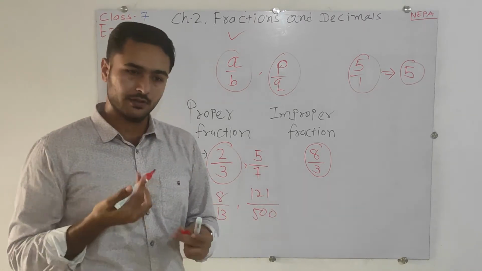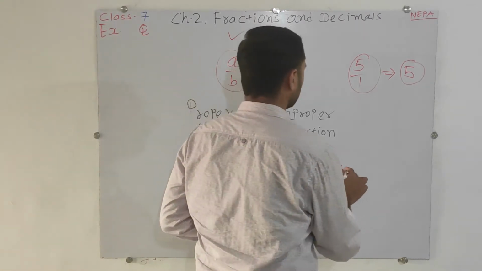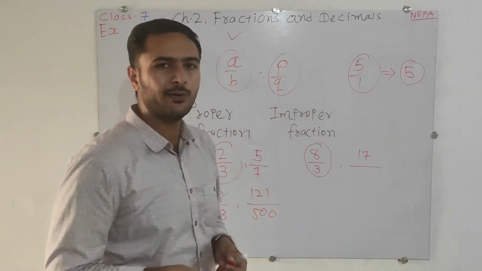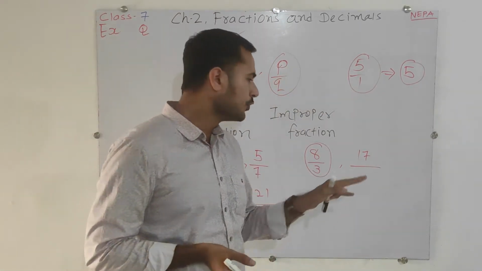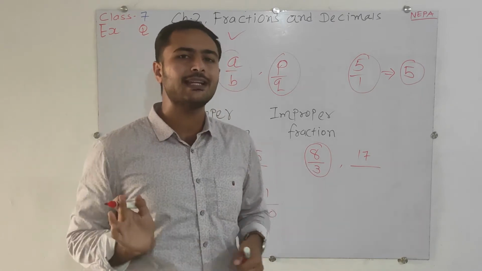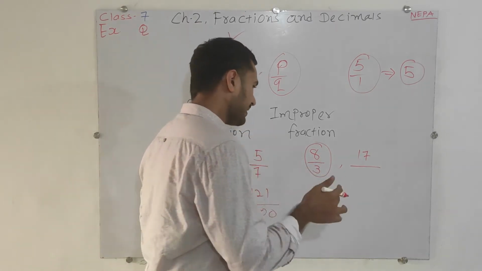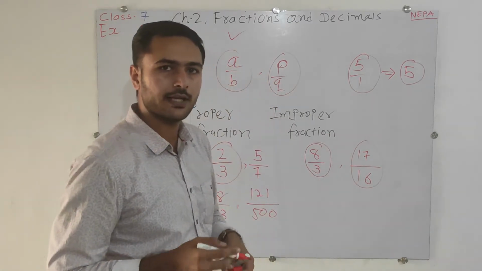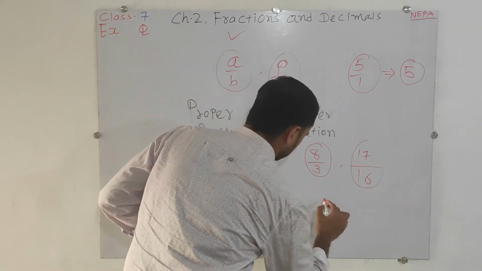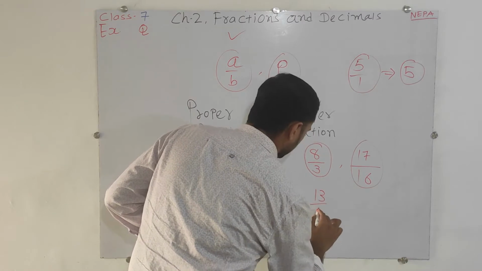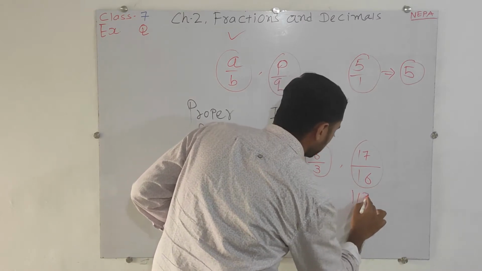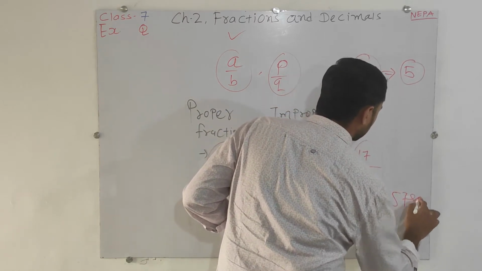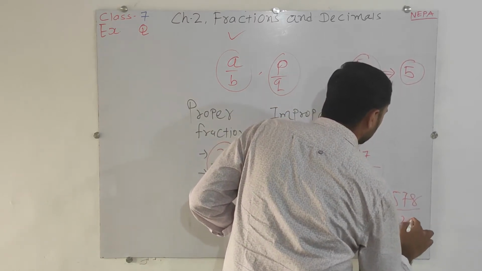Then improper fraction. Write any number like 17. The denominator you have to write less than the numerator. There is 17, so write any number which is less than 17. If I write 16 only, this is an improper fraction. One more example, like 13 divided by 2, 117 divided by 9, 578 divided by 129.